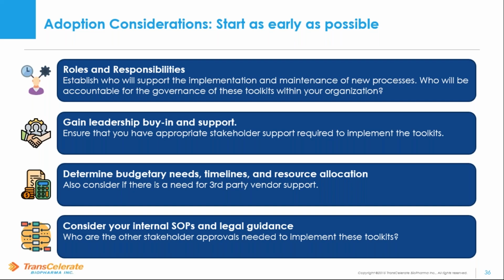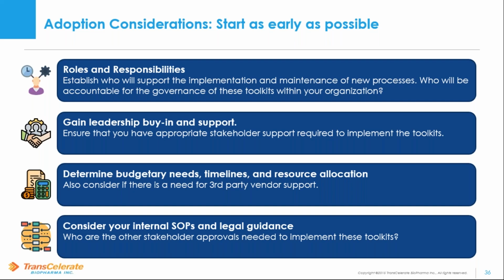So roles and responsibilities. It's very important to decide early on who's going to do what and who's going to be responsible for what. And even not just at the study level, but within your own organization, is there going to be somewhere in management, in terms of governance, who will be decision makers if there's a decision at the organization level, not just study.